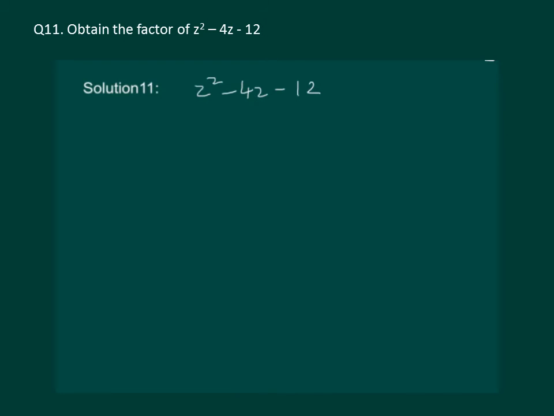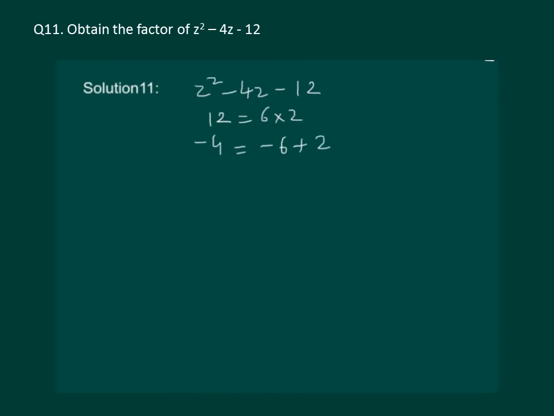Let us read the question on the slide. Obtain the factors of z square minus 4z minus 12. We know that 12 can be written as 6 into 2 and minus 4, which is the middle term, can be written as minus 6 plus 2.